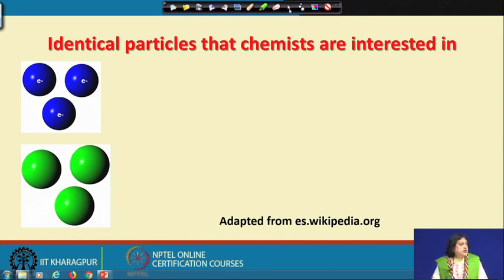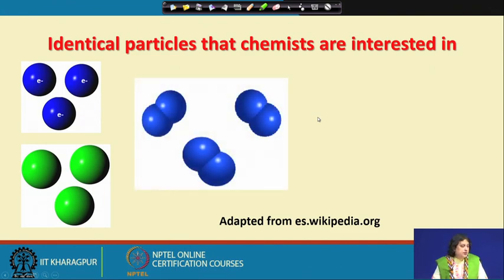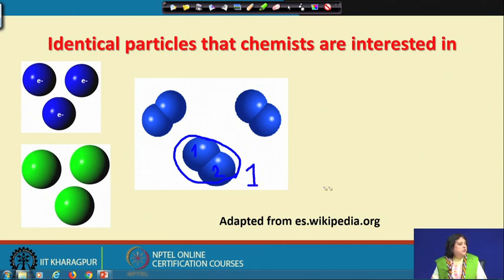Then of course, as a chemist we deal with molecular systems. So, this is a typical microscopic snapshot of, say, nitrogen gas. As you see, each molecule now is comprised of 2 atoms, atom 1 and atom 2. Now, these 2 atoms give me one particular molecule. Let me label this as molecule 1.